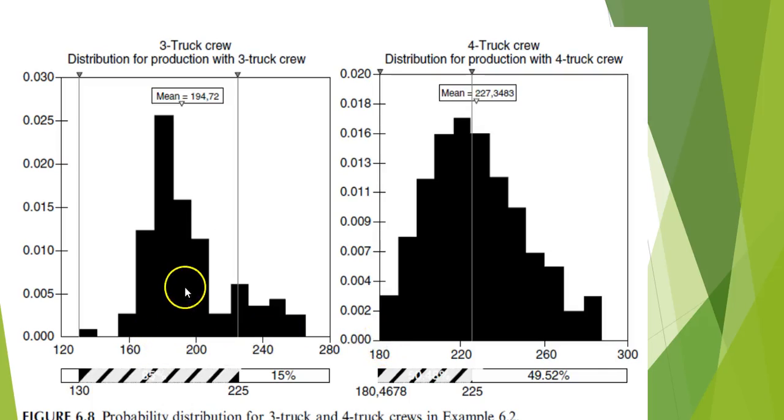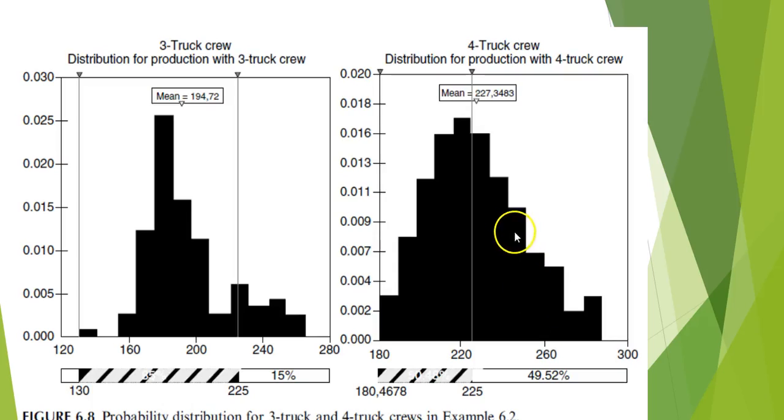And there are times when that 3-truck crew would produce as much as a 4-truck crew. Again, if you think about it on the face of it, this is a very realistic situation. Things vary over a workday and over a project's life.